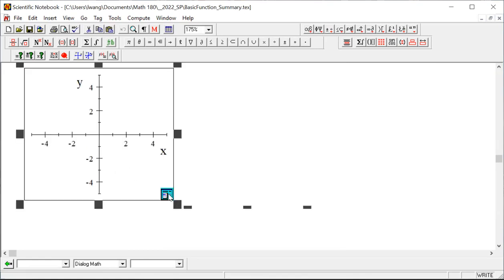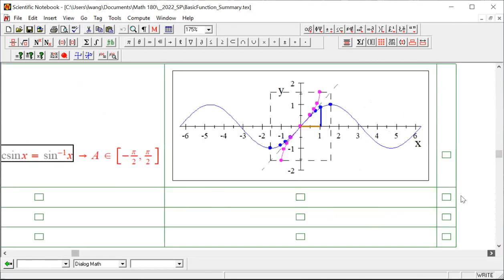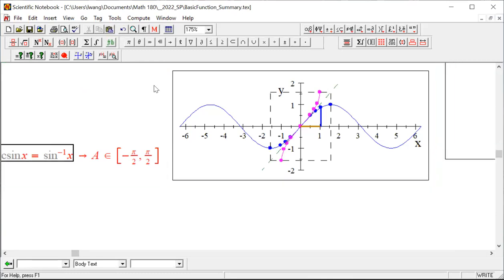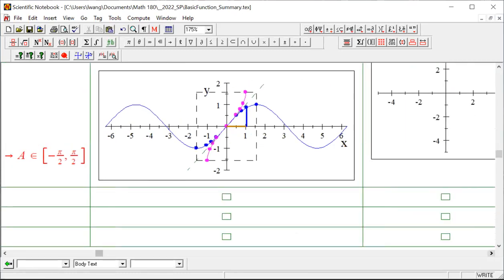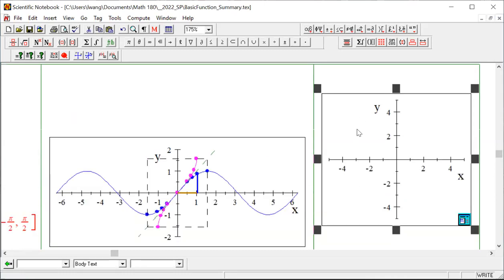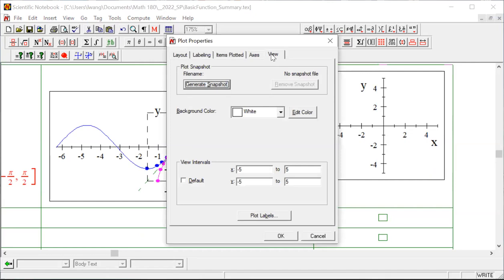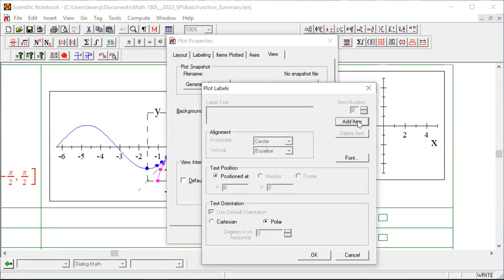In the case of sine, I'm going to put it this way with a truncation. So quadrant 2 and quadrant 3 are truncated, chopped off. What I would do is put that truncation out there.